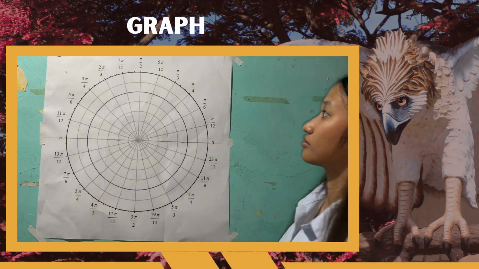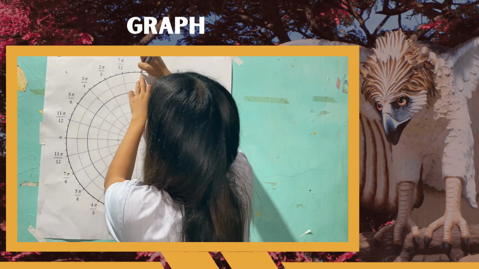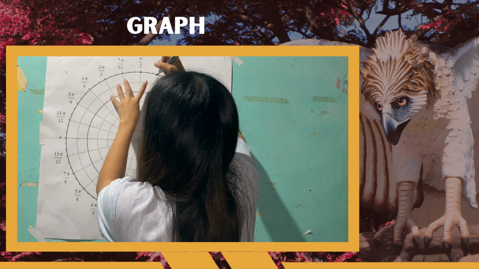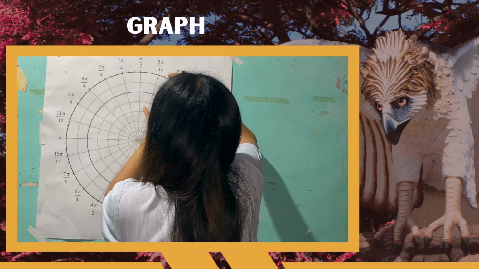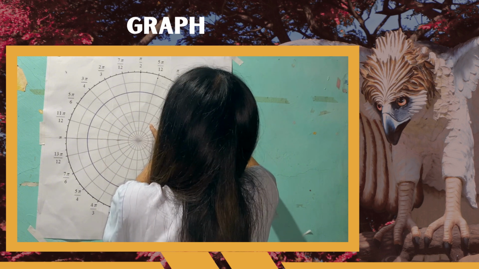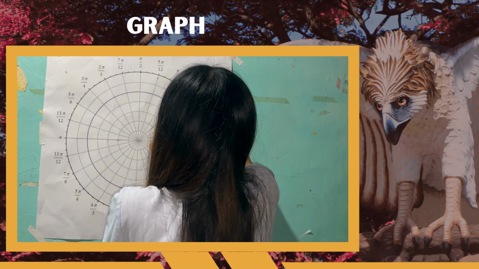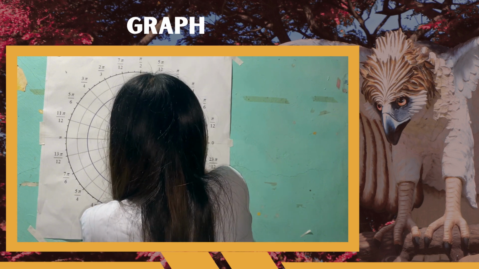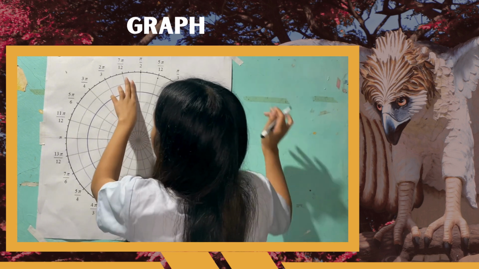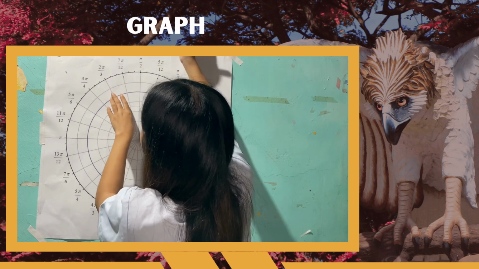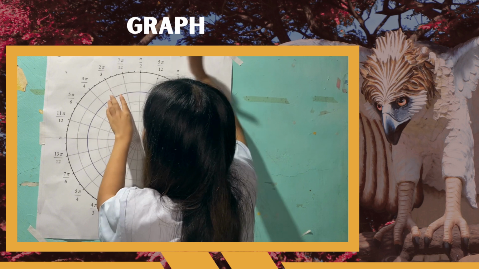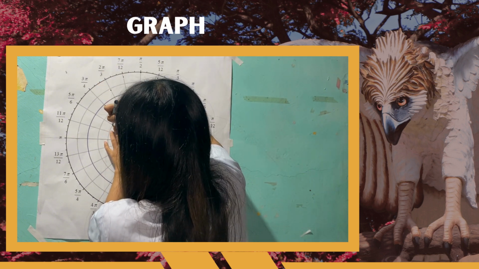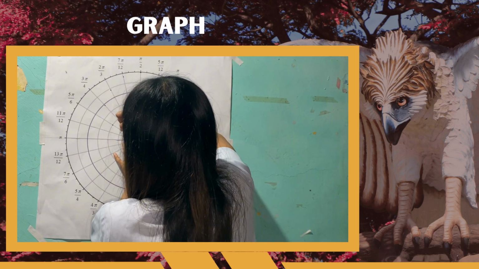And now let's graph our first polar curve. We have r = 2 sine theta. Since we already have our table of values, we can easily plot this. So we start with plotting the points for us to easily connect them and form our graph. As you can see, I am plotting it first. Then later on, I'll be connecting those points to form the graph.